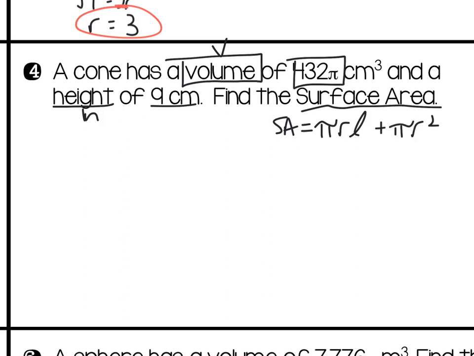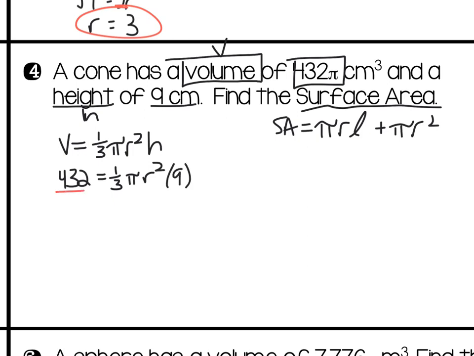Well, they didn't give me radius or slant height, so I'm going to have to find both of those by starting with what they gave me, which is volume. So my volume formula is 1/3 pi r squared h. The volume they gave me is 432 equals 1/3 pi, I don't know my r squared, times my height is 9.